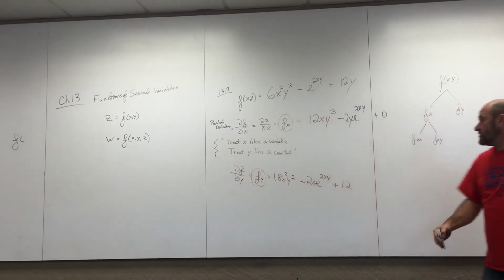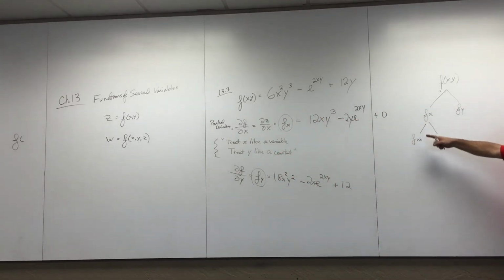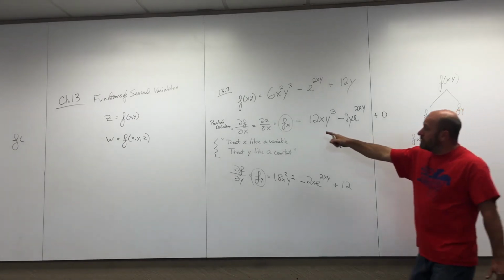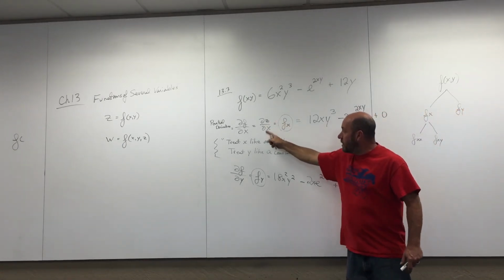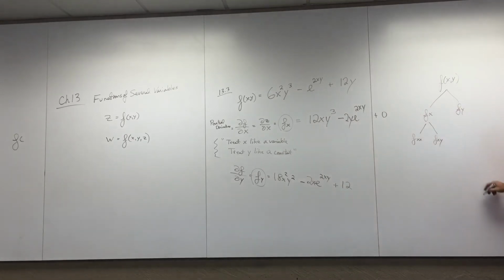I like this little subscript notation for partial derivatives. It's convenient. Or I can take the derivative with respect to x, which would be fyx, or with respect to y again, which would be fyy.